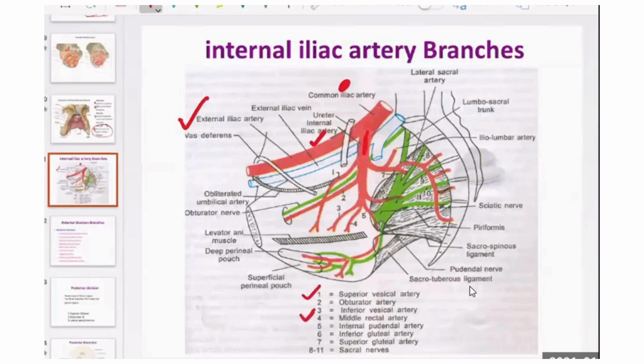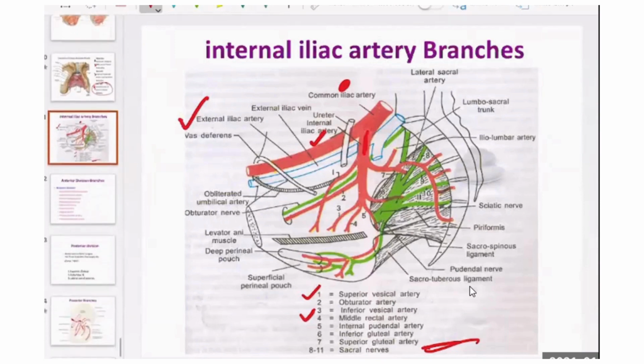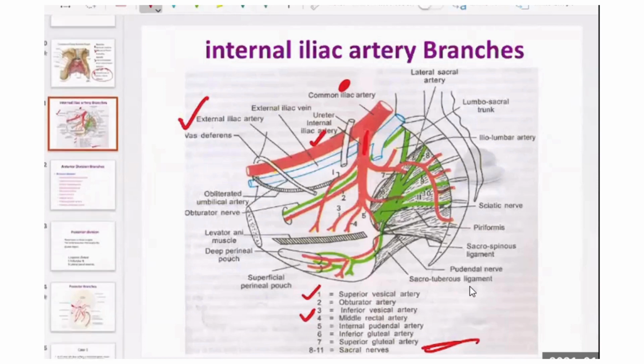Obturator artery, middle rectal artery. So what has been marked over here, 1 to 7, are the branches of the anterior division of the internal iliac artery. 7 branches are given out from the anterior division, of which the vesical arteries supply the bladder.